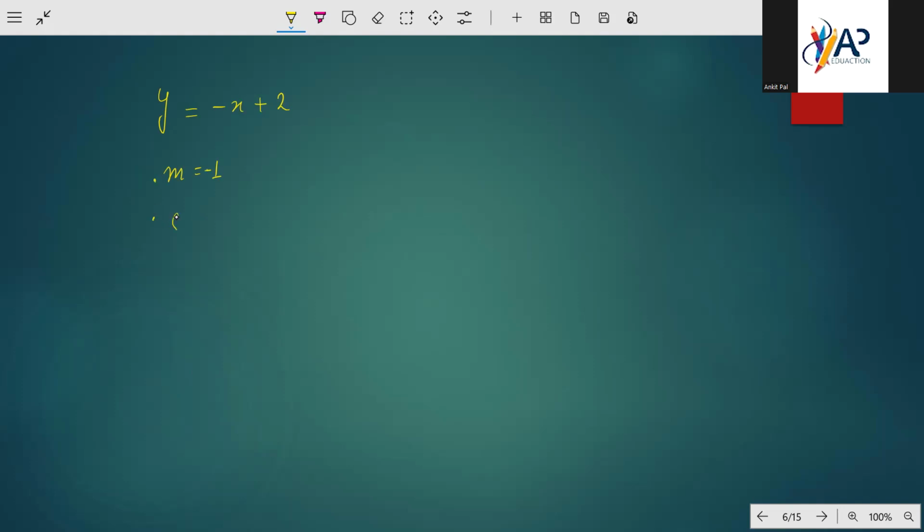My slope is minus 1 and cuts the y axis at 2. My slope is negative and cuts the y axis by 2. It means the slope is negative. It means the line goes downward.